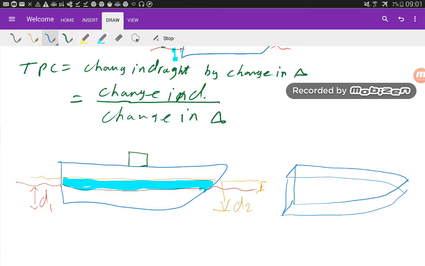So this volume, I'm looking at that one as 3D. This is the amount of water displaced by cargo.